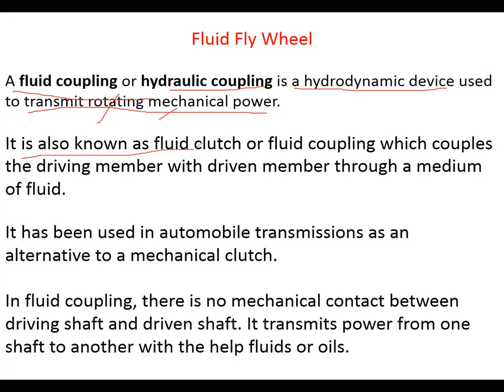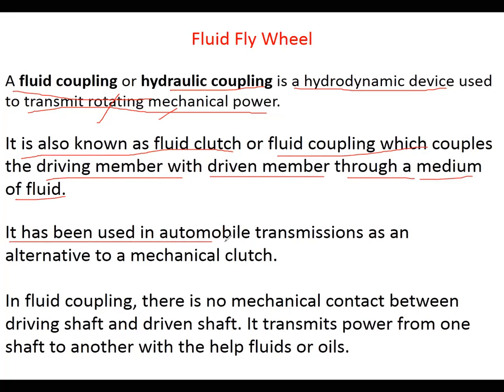It is also known as a fluid clutch. A fluid coupling couples the drive member with the driven member through the medium of fluid. As we know, mechanical power is transmitted by two components, the driver member and the driven member, here by using fluid as a medium.